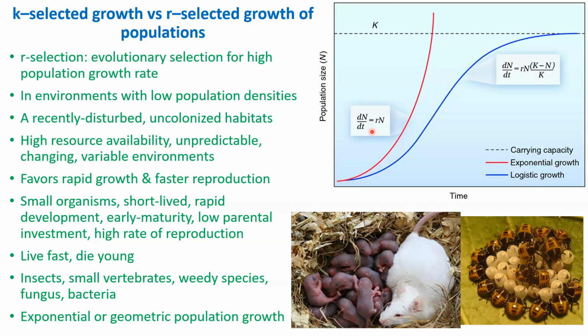are some of the life history attributes that you would observe in species that have evolved under r selection. In other words, species that show population growth similar to this red curve, following the exponential model, will be small organisms, short-lived, without a long life expectancy, and will develop and reach sexual maturity really fast.